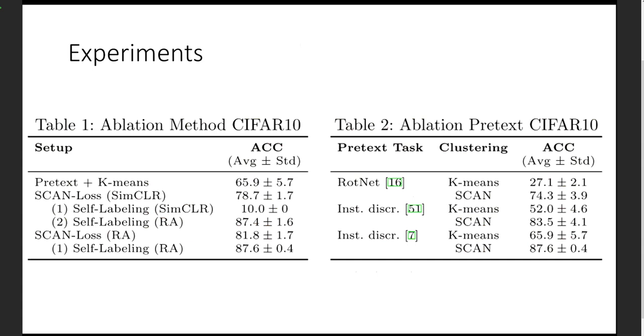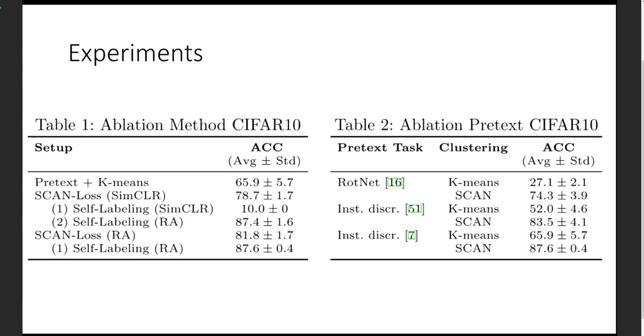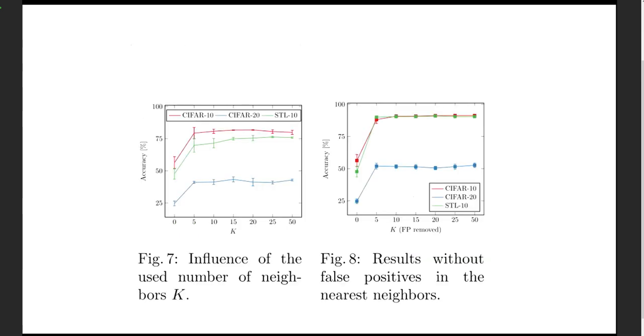Basically, I don't like to introduce the results. They have very good results. There are many ablation studies, and this one is without false positives. The images are from other categories, but the cluster predicted positive.